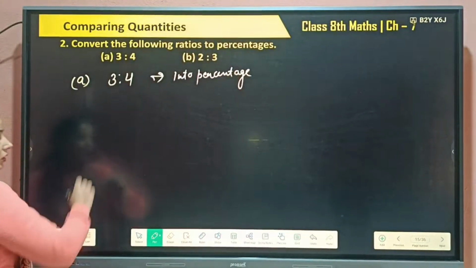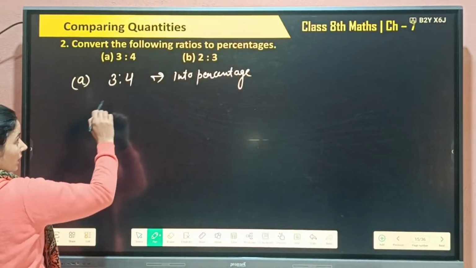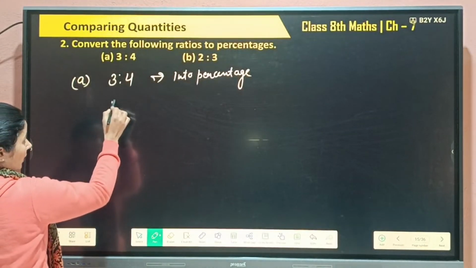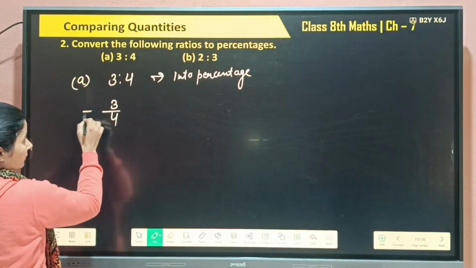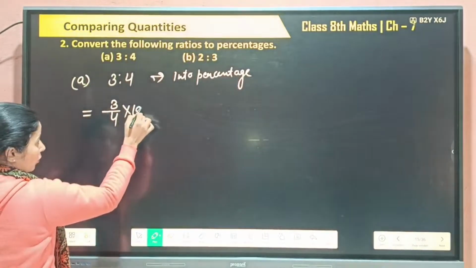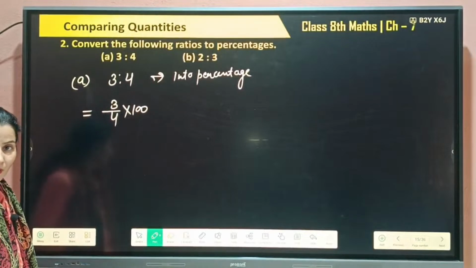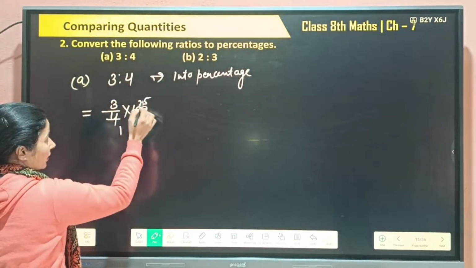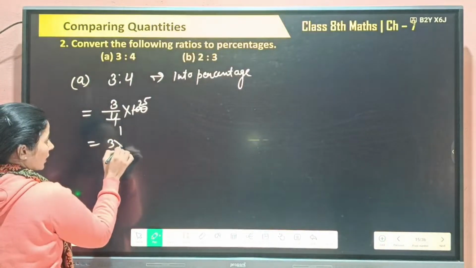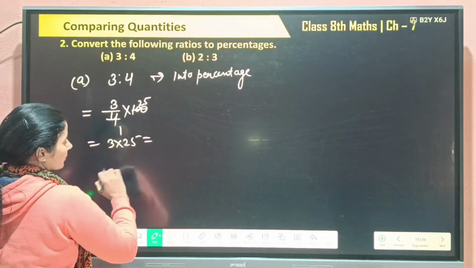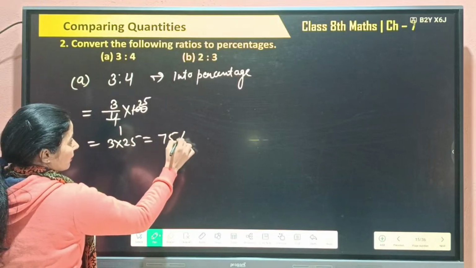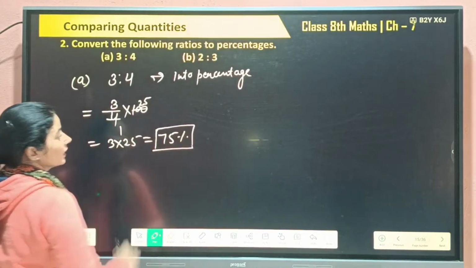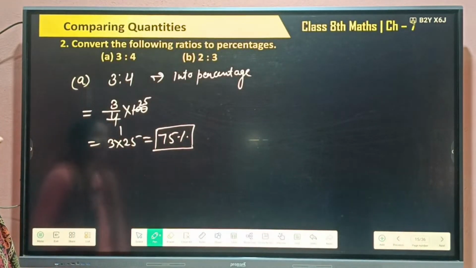This ratio can be written as 3/4, and for converting into percentage, multiply by 100. So 4 1 4, 4 25 100. 25 into 3 is 75%. This ratio is 75%.